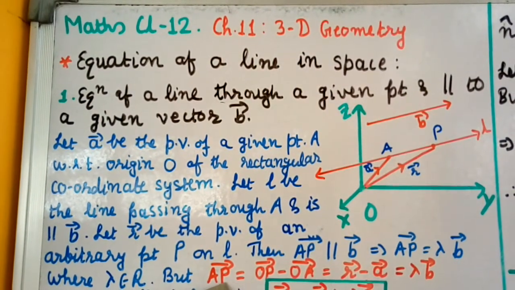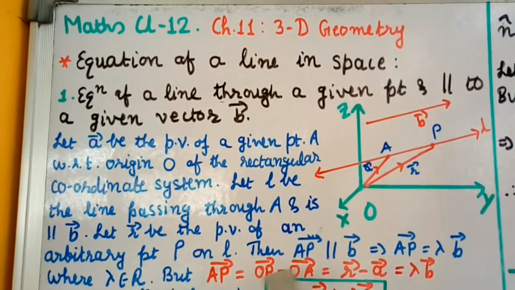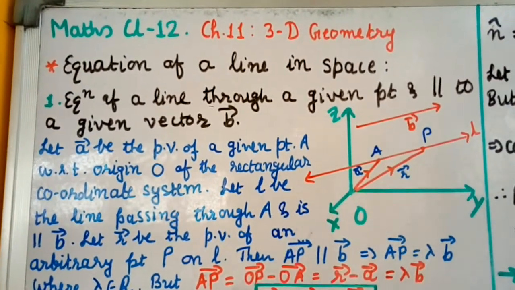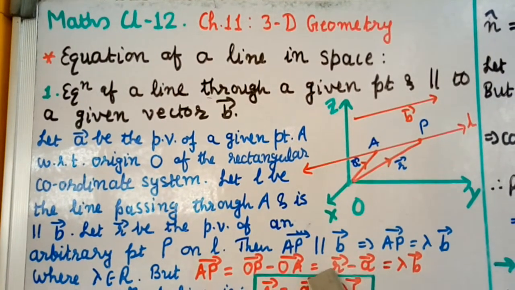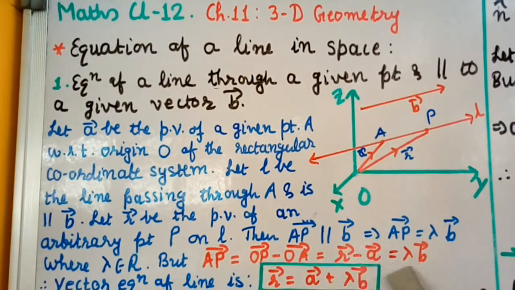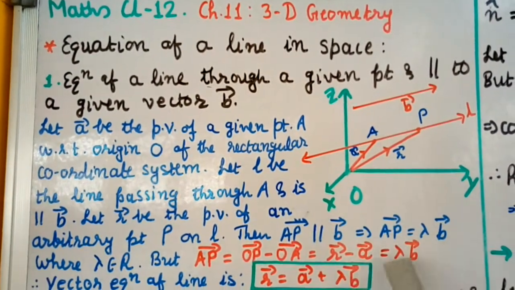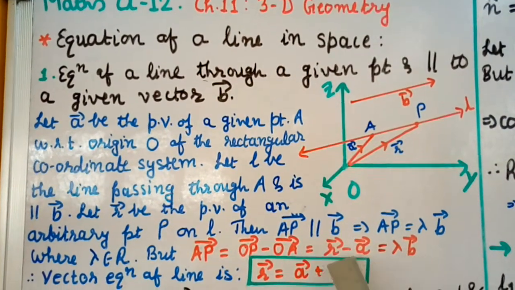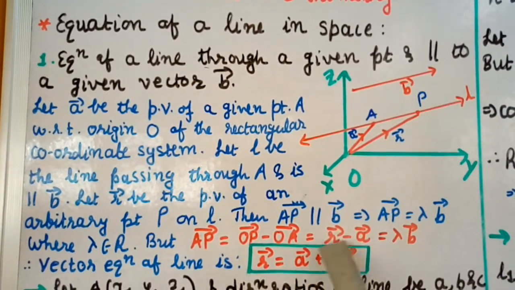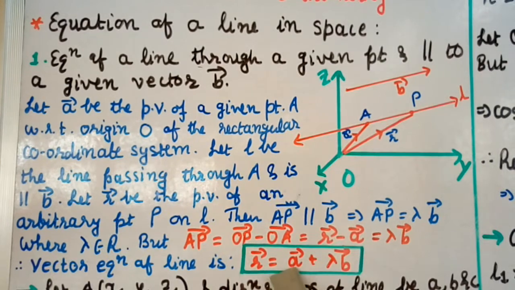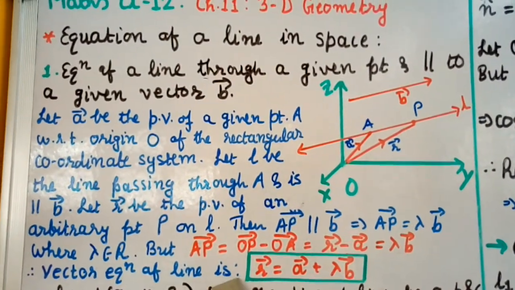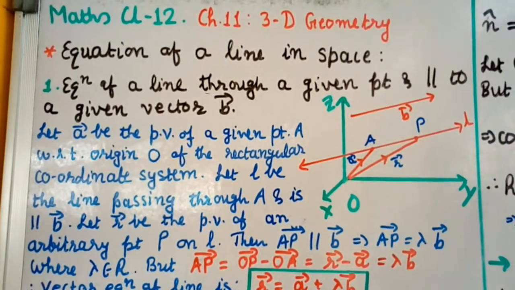OP we know is taken as r, that is the position vector of point P, minus OA, position vector of A, that is vector a, equal to, this value is nothing but lambda b. Now from here, if you transfer this minus a over here, it becomes plus, so you get here vector r equal to vector a plus lambda into b, and this is the vector equation of a line, where a point is given and a direction is given.